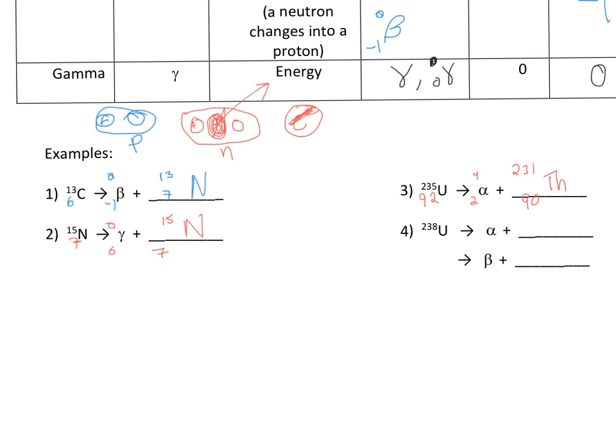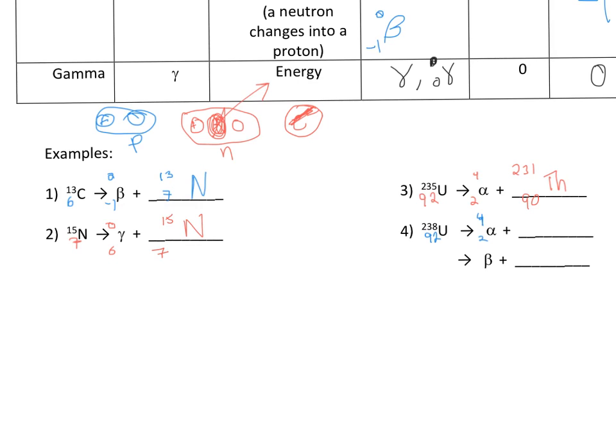Okay, let's do the next one. So uranium-238 this time. Again, giving off an alpha particle. So we already know uranium has an atomic number of 92. And alpha is a 4, so 4 there and 2. So you say, what number plus 2 is equal to 92?